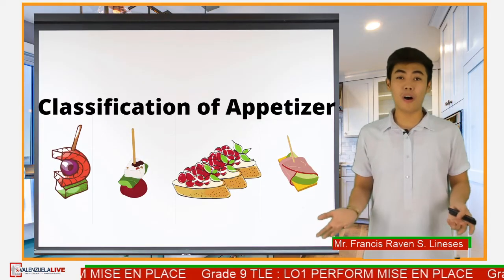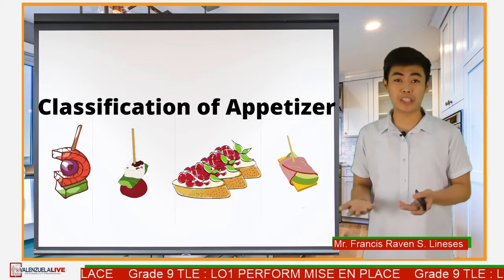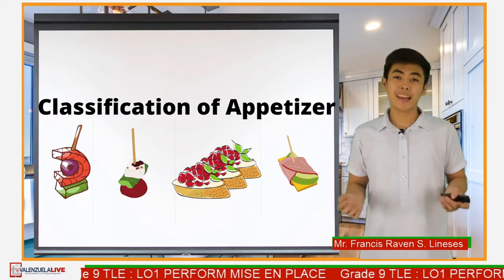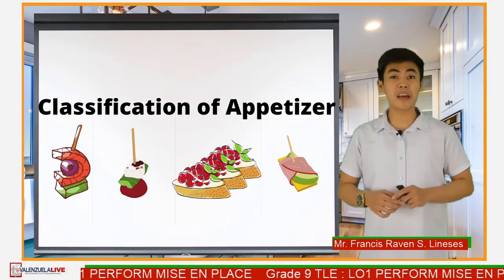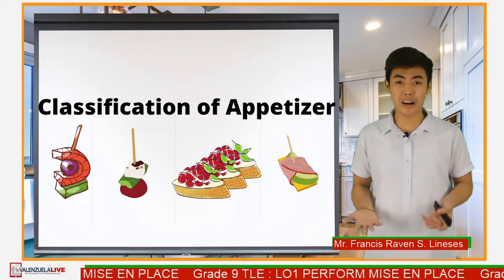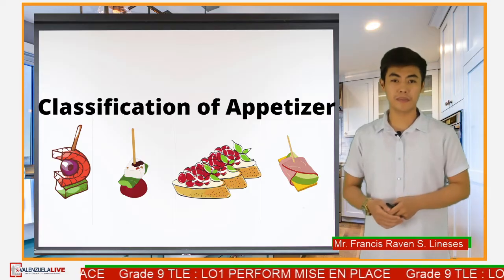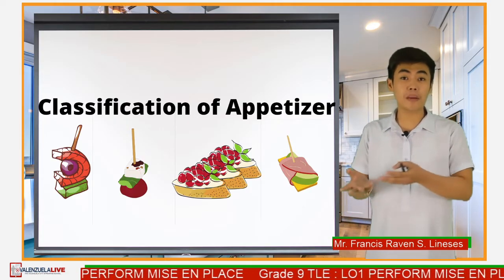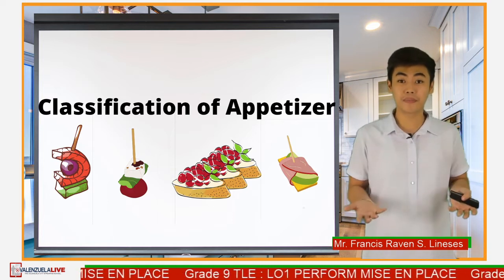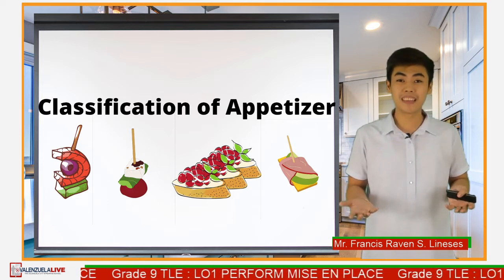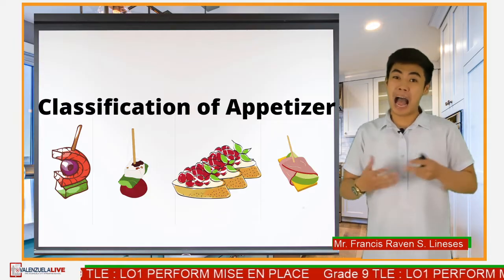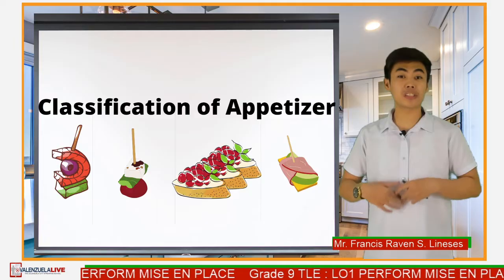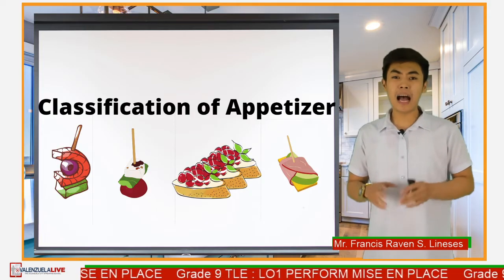Before we go on to the classification of appetizers, let us first discuss the function and why it is served before the meal. Do you have an idea why it is served before the main course or the main meal? Okay, clever. Appetizers are foods which stimulate the appetite.